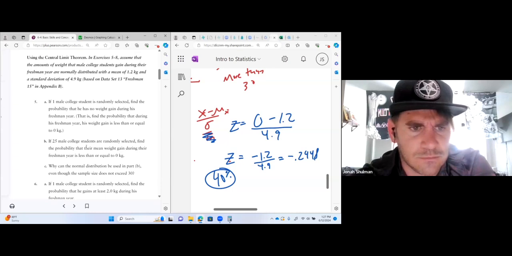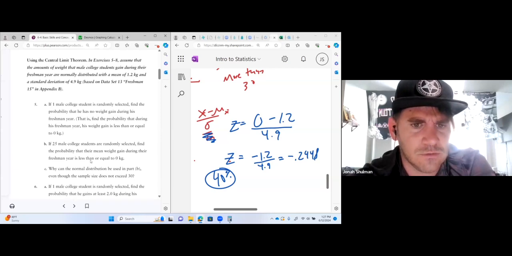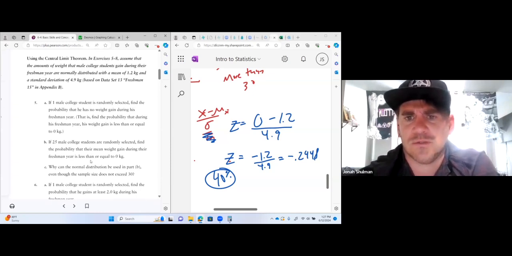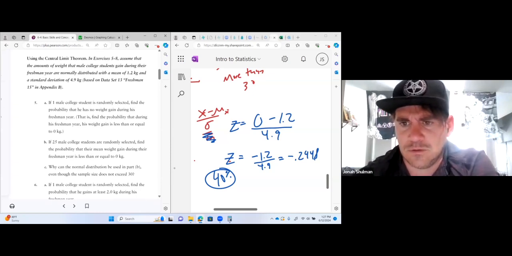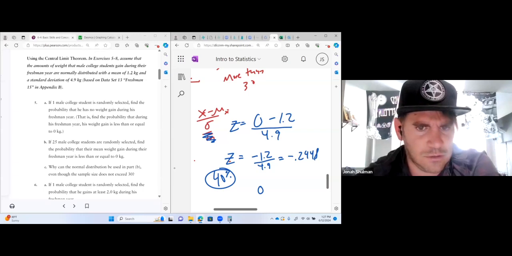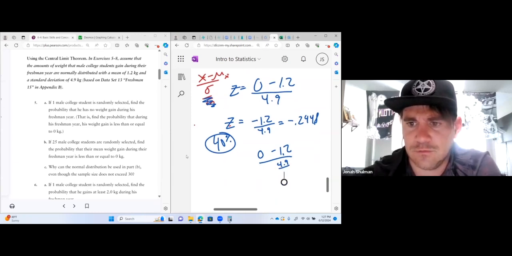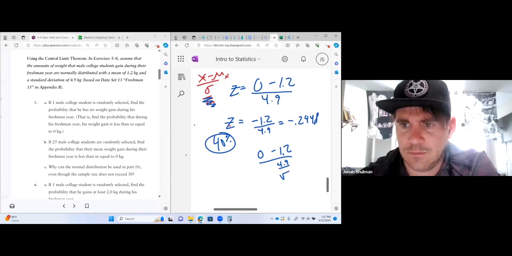That's why we can use it. So if we have 25 of these guys, it's still going to be 0 minus 1.2 over 4.9 divided by the square root of 25. I believe this is what we have to do for part B.